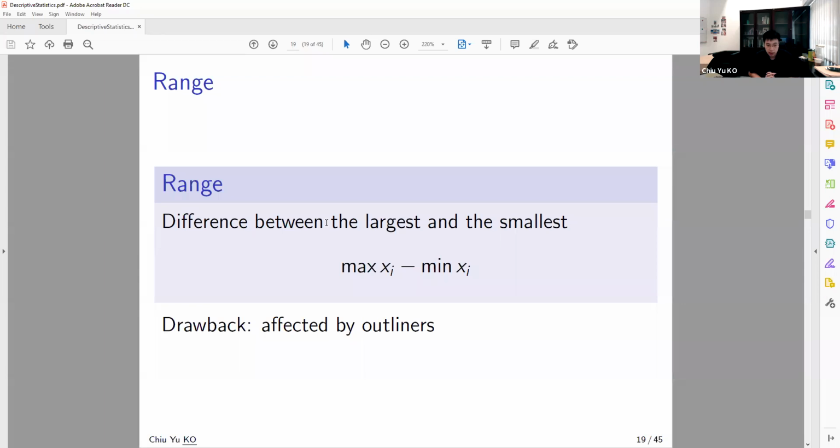The main drawback is that it is affected by outliers, as we mentioned last time. If it is income data, very rich people like Li Ka-shing will affect the range a lot. But this is one of the ways that we use to look at the data.